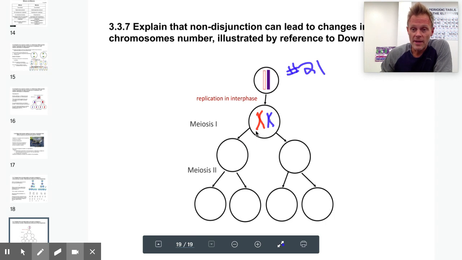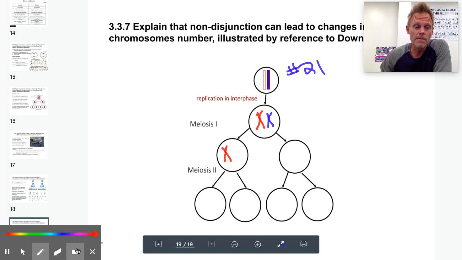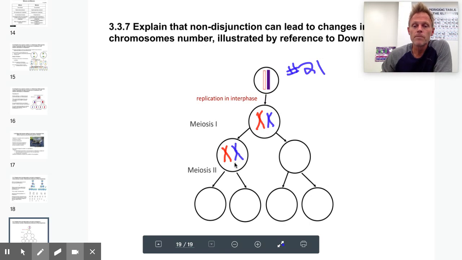So one thing that can happen is that both of the red chromatids, that homologous chromosome, and both of the blue chromatids move over here. And then when they divide into the gametes down here, you'll have 2 of those blue chromosomes, and on the left-hand side, we'll have 2 of the red ones.